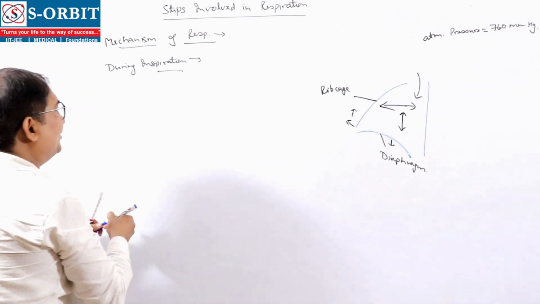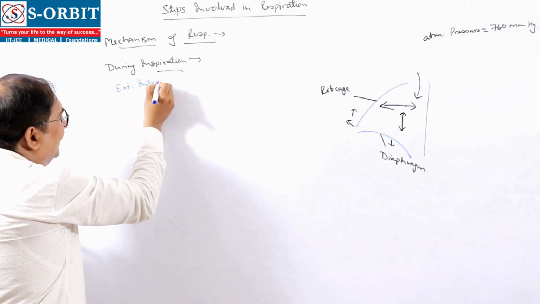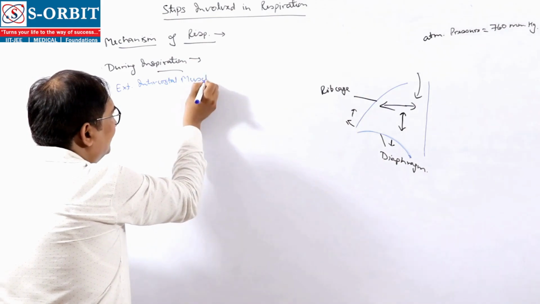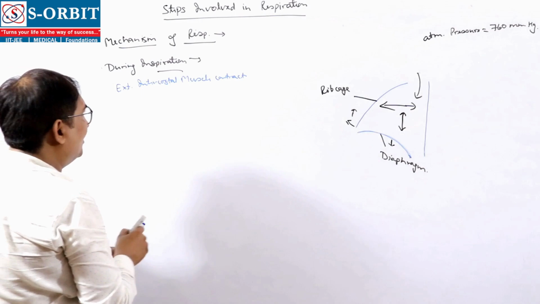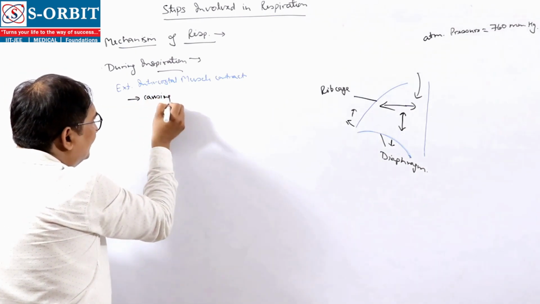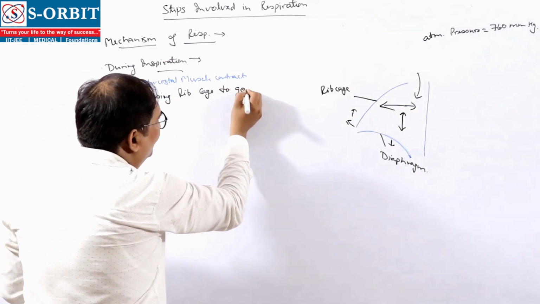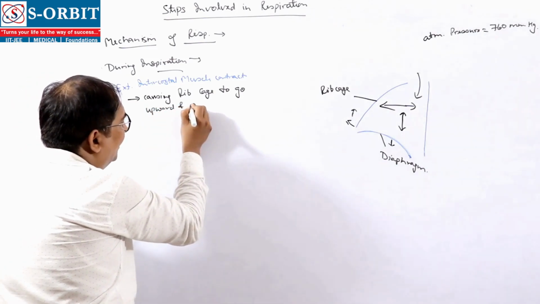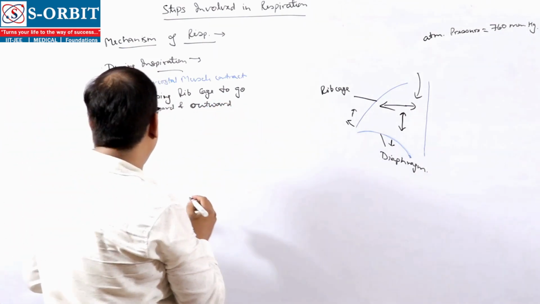So during inspiration, external intercostal muscles contract, causing the rib cage to go upward and outward. While what happens with the diaphragm?